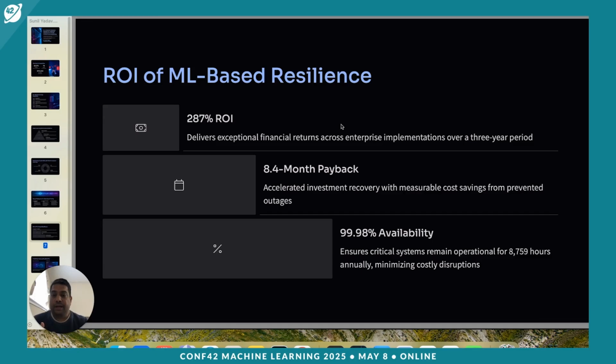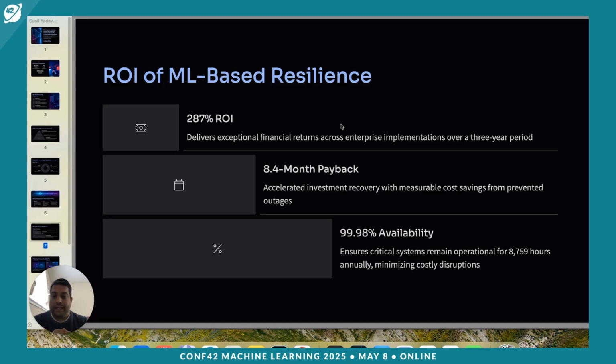That means there are outages which are prevented by using machine learning, by doing pattern analysis, by digging through the logs, by analyzing outages to see what can be prevented and what action can be taken 30 minutes before a pattern is recognized. So it takes about 8 months to start paying back on this machine learning based Oracle Cloud solution.